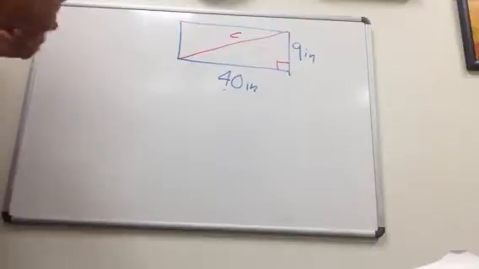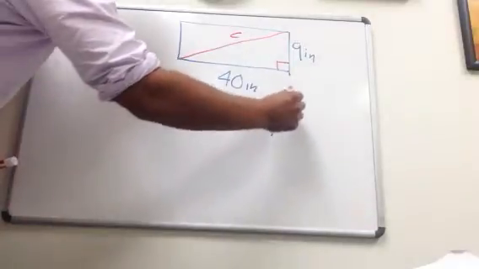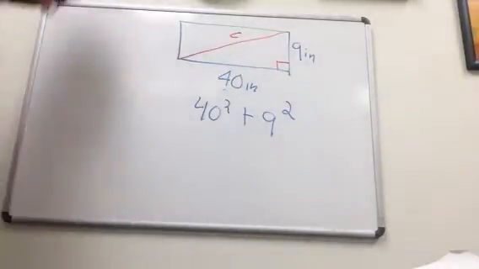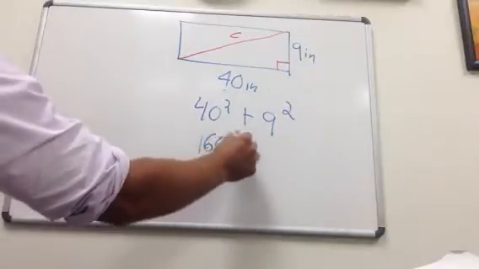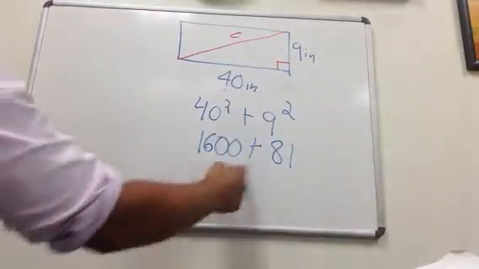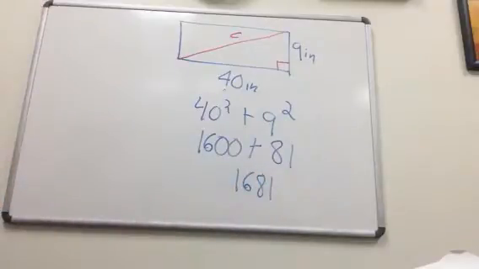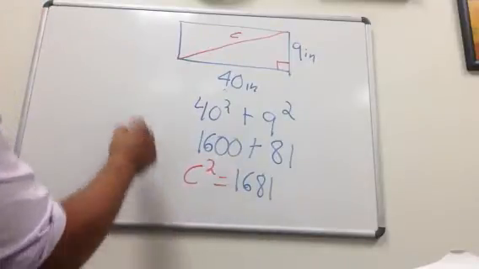So if I do 40 squared plus 9 squared, that's going to give me, if I square this number, I'm going to square that number. When I add these together, but remember, 1681 is c squared. I need the value of c.